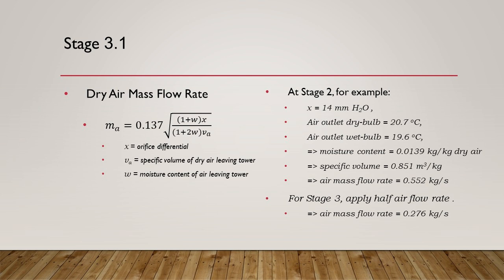As mentioned in previous slide, we use this equation to evaluate the dry air mass flow rate. Let's take an example with these values. We get the air mass flow rate at 0.552 kg per second. And 1/2 of the air flow rate to be used in stage 3 will be 0.276 kg per second.